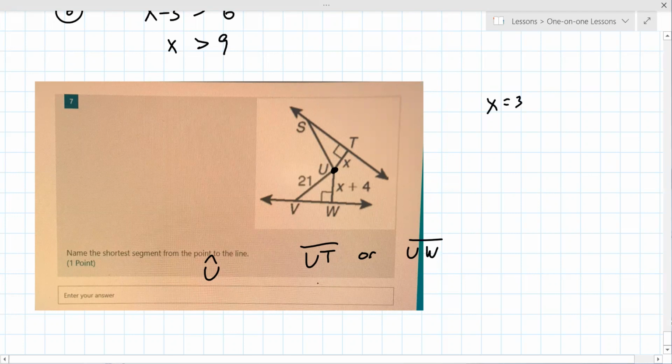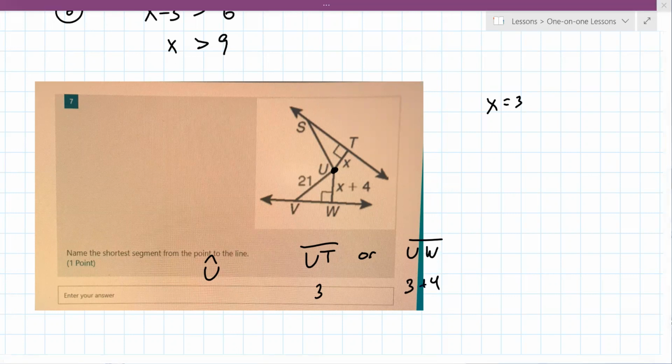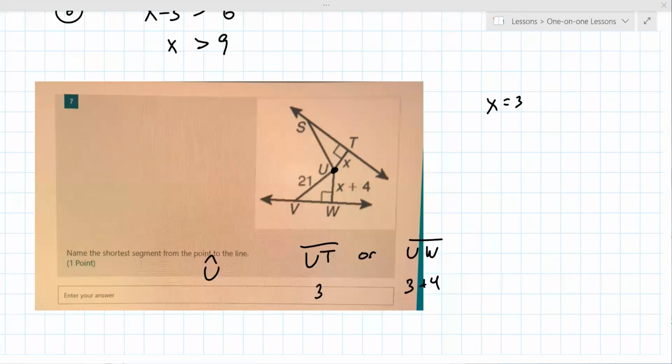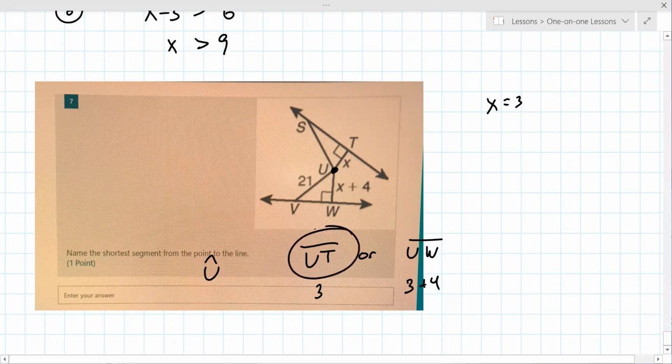Well, UT is now 3 and UW is 3 plus 4. Do you agree that UT has to be smaller than UW because whatever UT is, you're adding 4 to it to get UW? Yeah. So that's how you know that it must be UT. Whatever it is, I'm adding 4 to it.